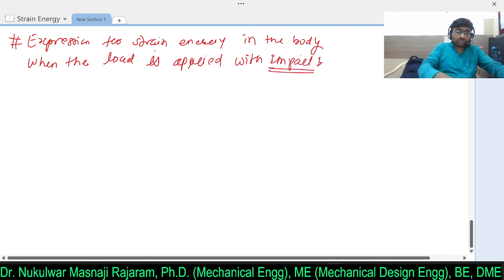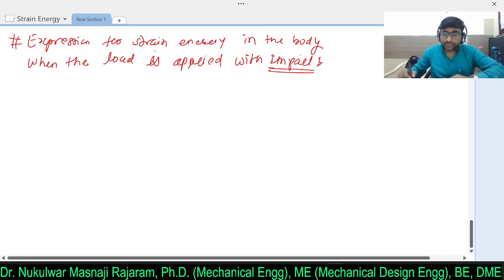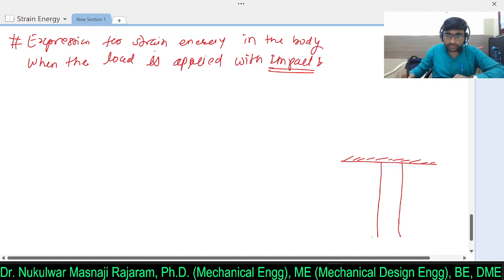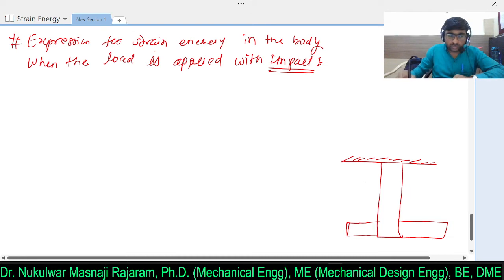So let the load be dropped from some height, then what will happen? For that purpose I need to draw one diagram. Clear. So let's say there is one bar, it is hung at this position. I hope this is visible to everyone. Let's say this is one bar, the bar has one collar over here. Clear. Now there is a load we are considering, so the load is attached over here.